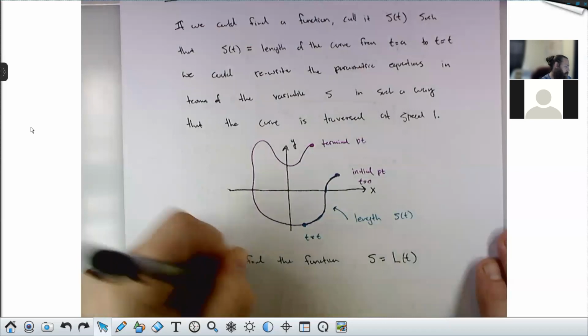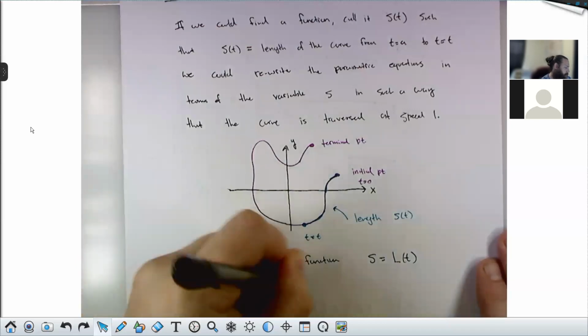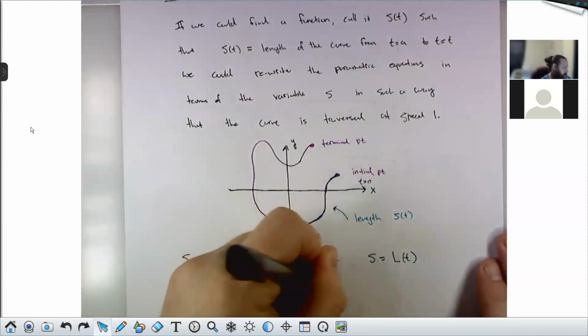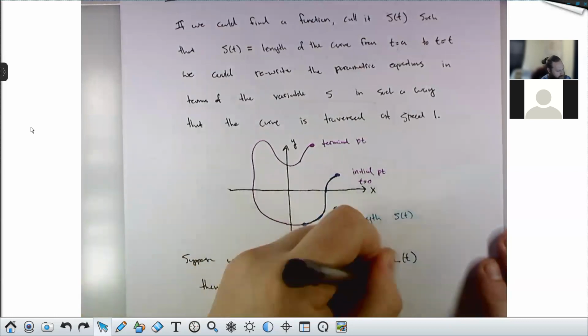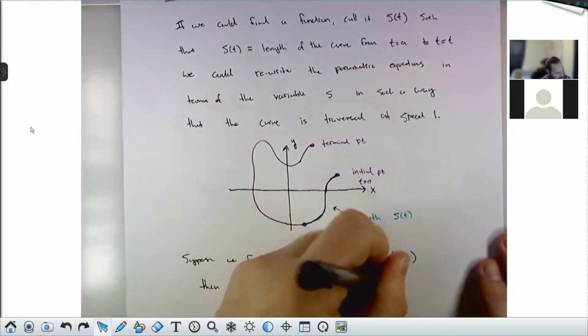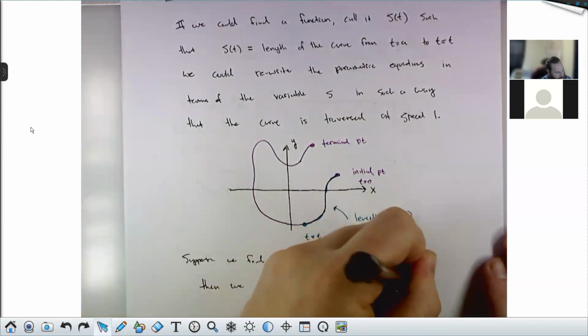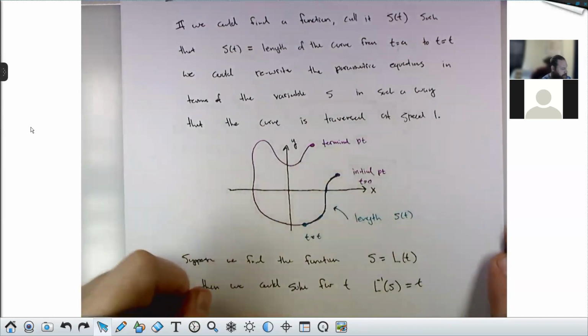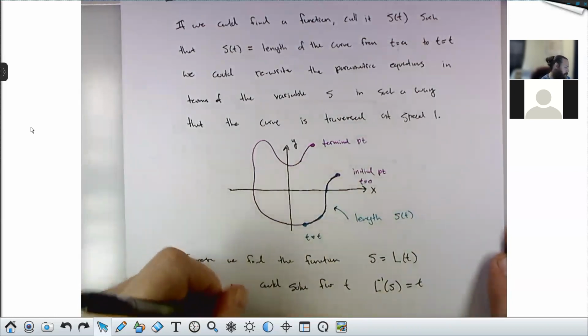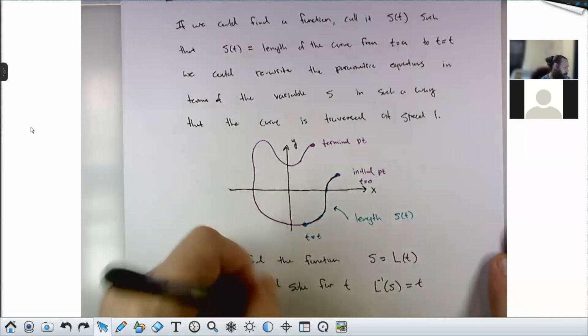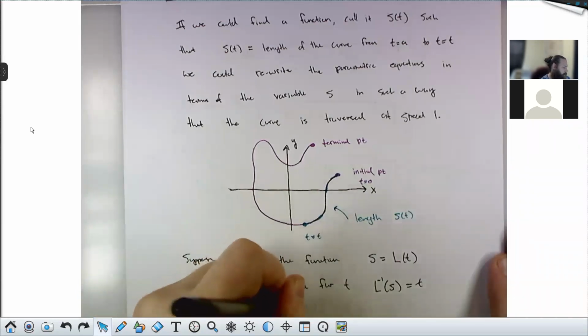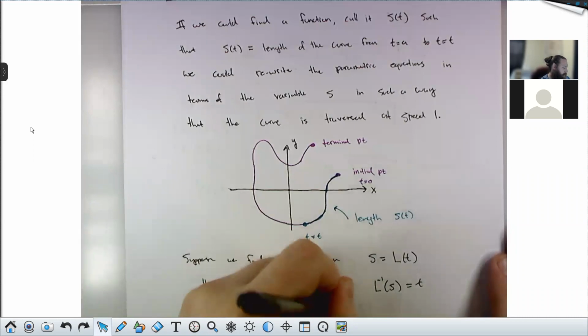Then we could solve for t, and we would get L inverse of s equals t, and plug that into our parametric equations.